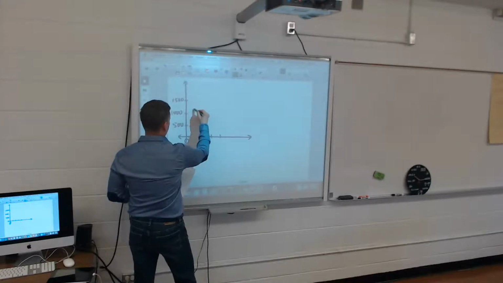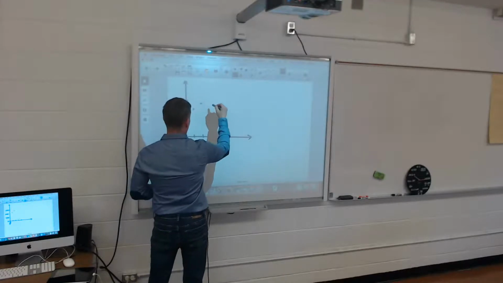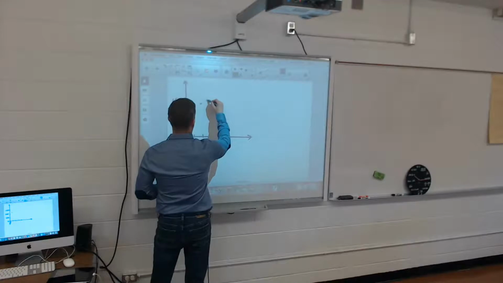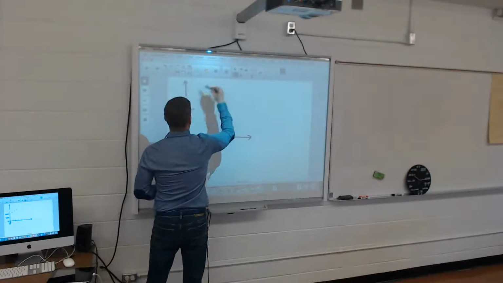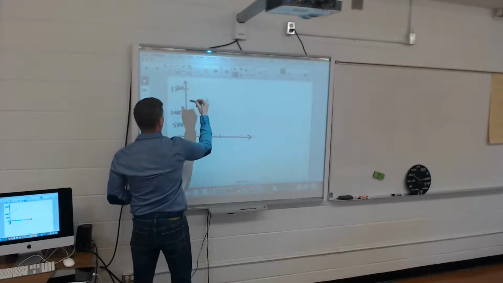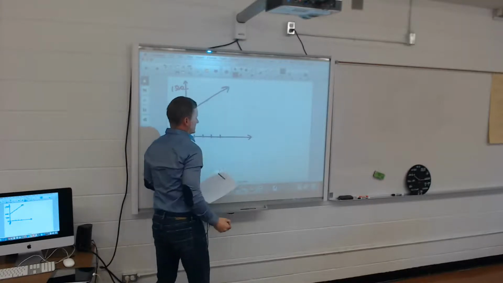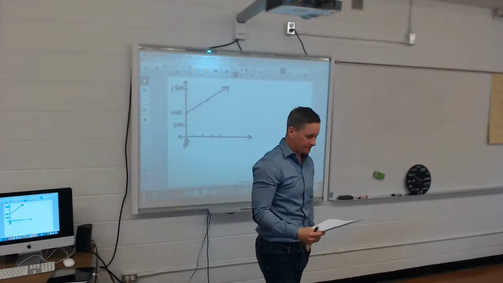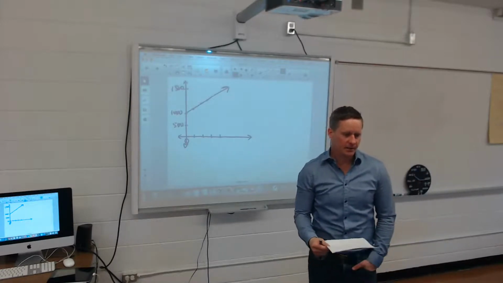And then 1,100, 1,200. 3 years, 1,300. I'm just going to move this guy up a wee bit. So I draw a line, and I see that it's a linear function. Okay. Is this a linear or non-linear? It's a linear function.